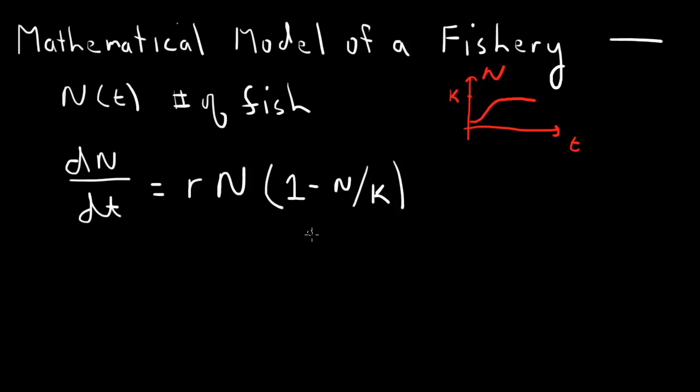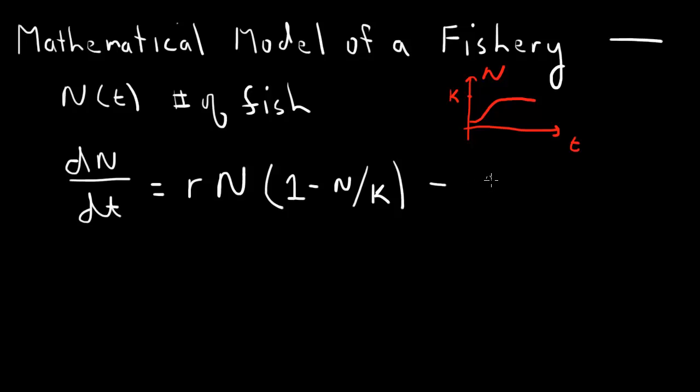Then if we include fishing, we can assume that a constant amount of fish is caught per unit time, or say number of fish caught per year, when the fish population is large. So when the fish population is large, we have a constant amount of fish caught per year.